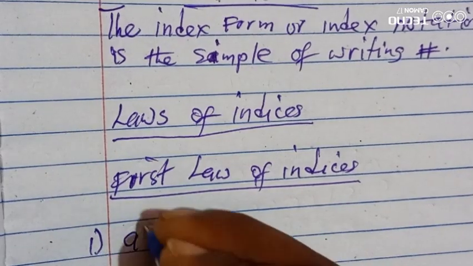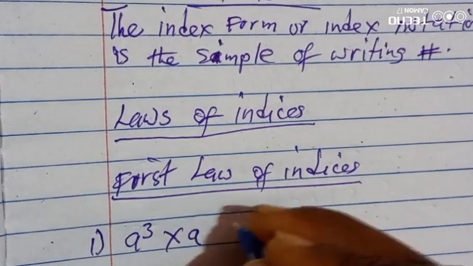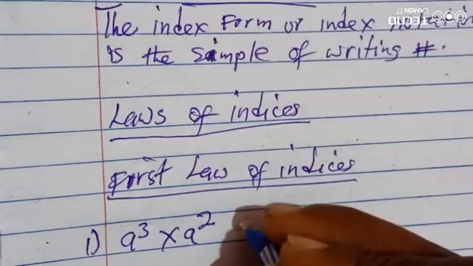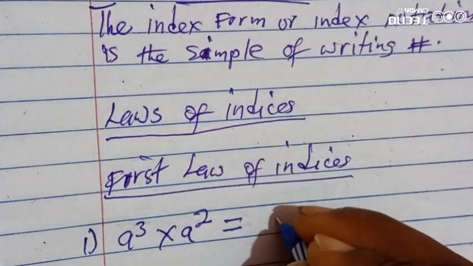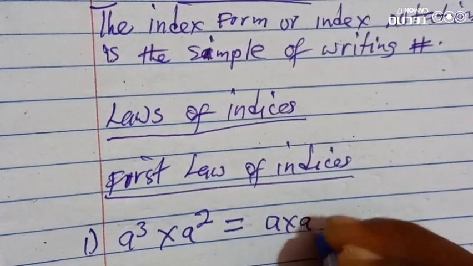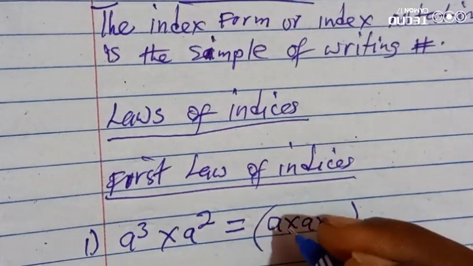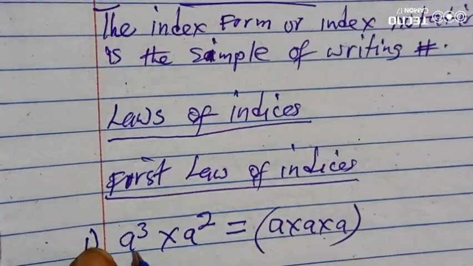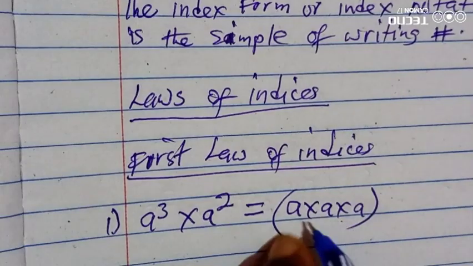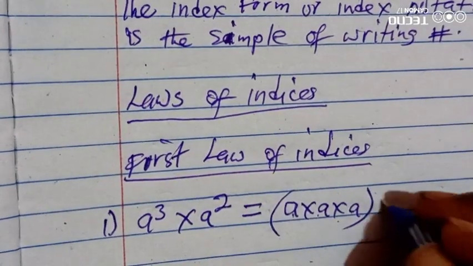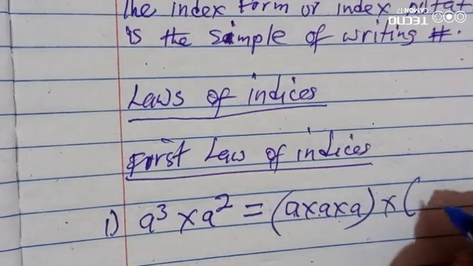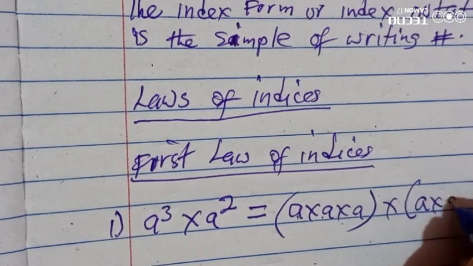On our first law, if we say a to the third power times a to the second power, this will be equal to a times a times a. The a to the third power simply means you multiply a by itself 3 times, times a to the second power, that means a times a.